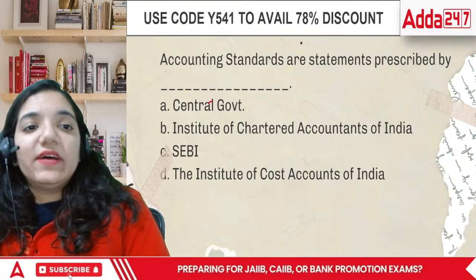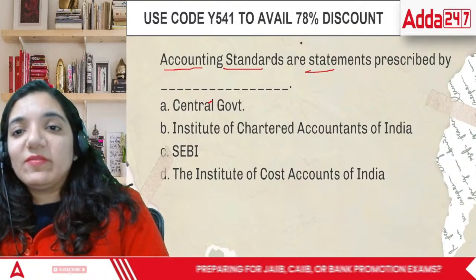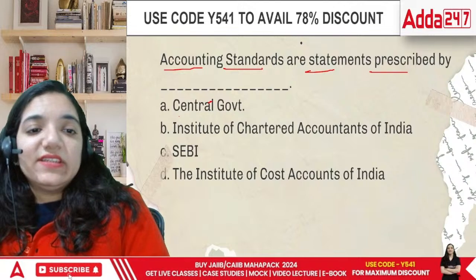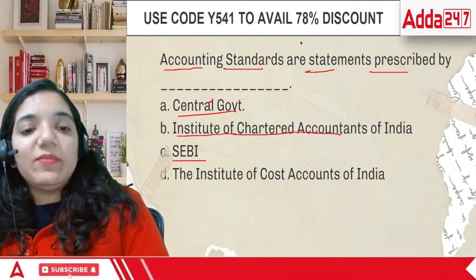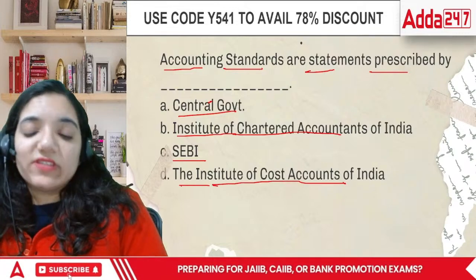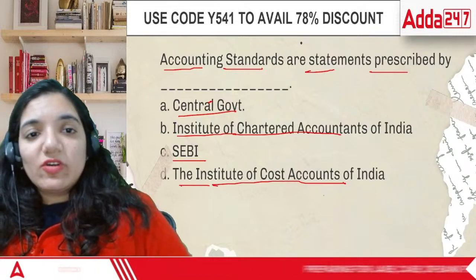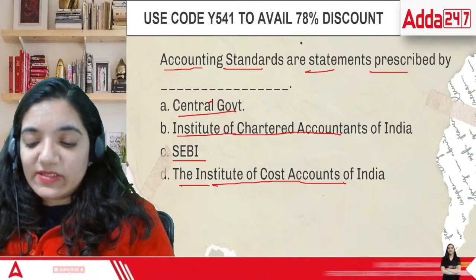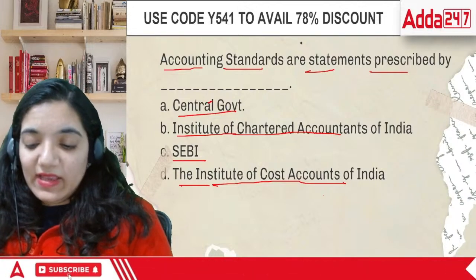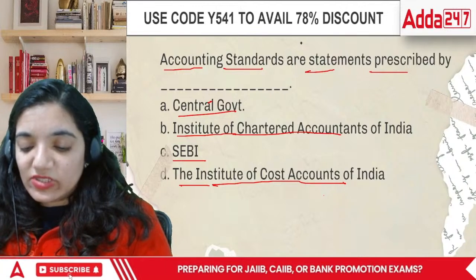Next question. The accounting standards are statements prescribed by: first is central government, Institute of Chartered Accountants of India, SEBI, or the Institute of Cost Accountants of India. When we talk about the accounting standards as prescribed, the accounting standards are given by ICAI, the Institute of Chartered Accountants of India.